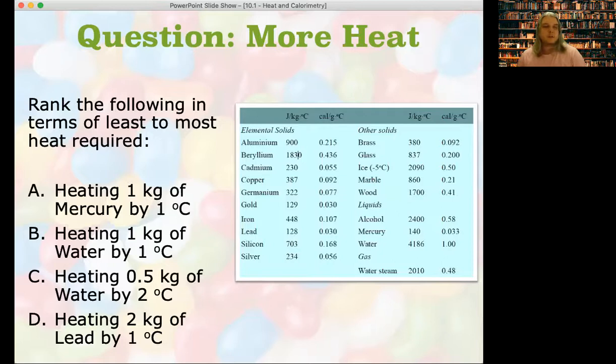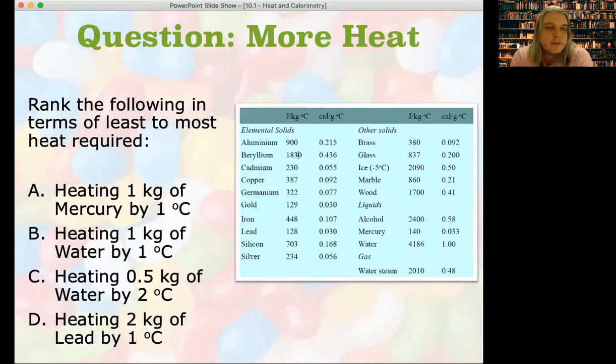So our solution, I'm not going to go to the document camera because we don't necessarily need to do the calculations in full. We can, it's so easy because we've got 1 kilogram, 2 kilograms and half a kilogram. They're very simple numbers to deal with. But let's start by looking at A, heating 1 kilogram of mercury by 1 degree C. That's the definition of a specific heat capacity.